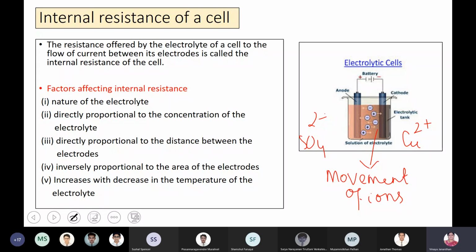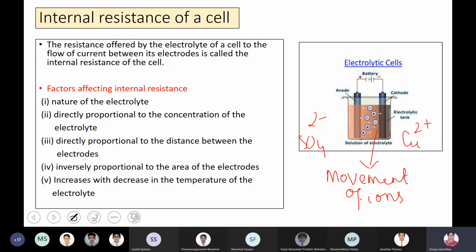Now, are these ions free to move? Are these ions capable of moving freely within the electrolytic solution? The answer is no. There is some resistance offered by the electrolytic solution to the flow of these ions, and this resistance is what we call the internal resistance of a cell.